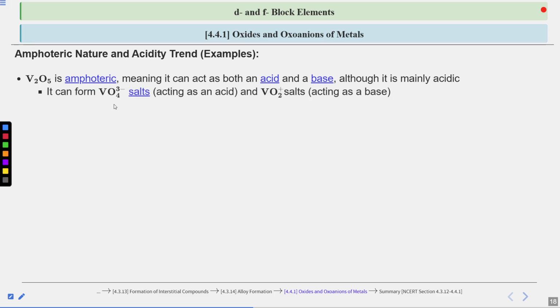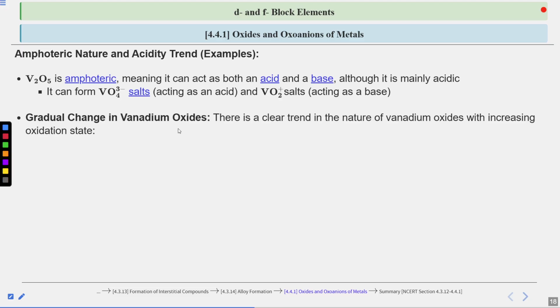It can form VO4 3- salts, which act as an acid, and VO2 positive salts, which act as a base. This is the reason we call this oxide formed by the transition metal vanadium amphoteric.